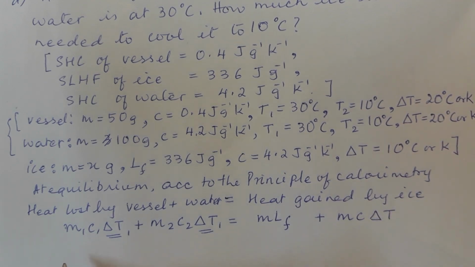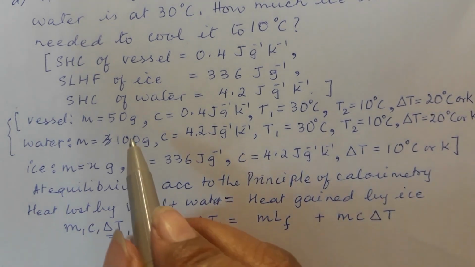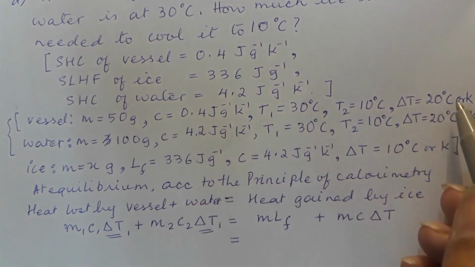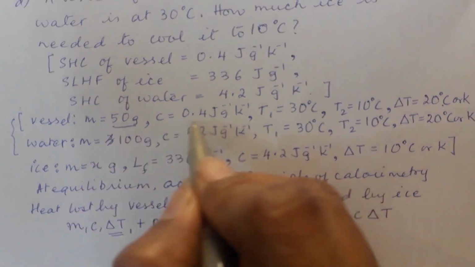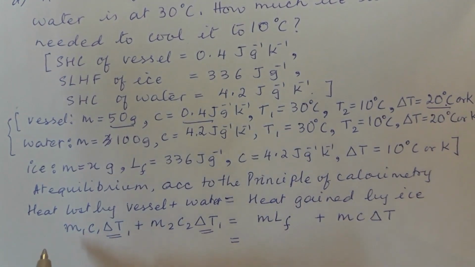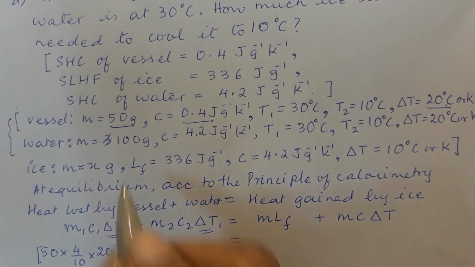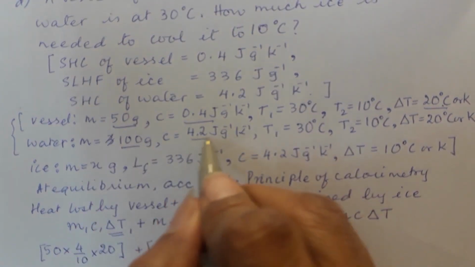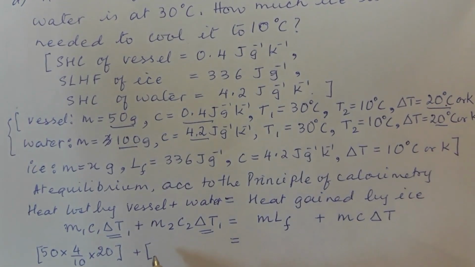And so now we substitute the values. m1c1ΔT1 will be for this. We will use this, this and this. So that will give you 50 into 4 upon 10 into 20 plus, now we'll take this, this and this.